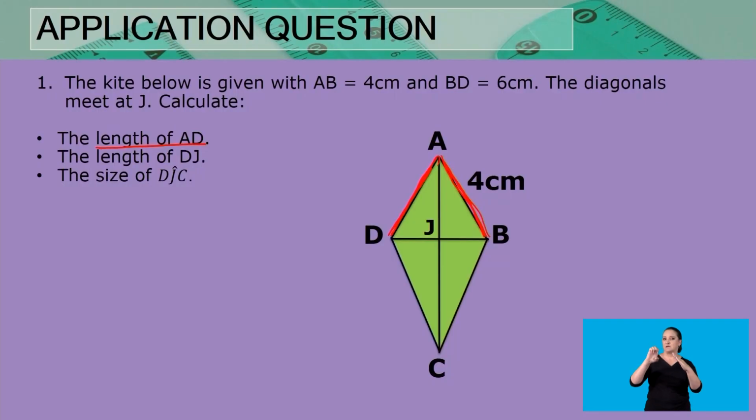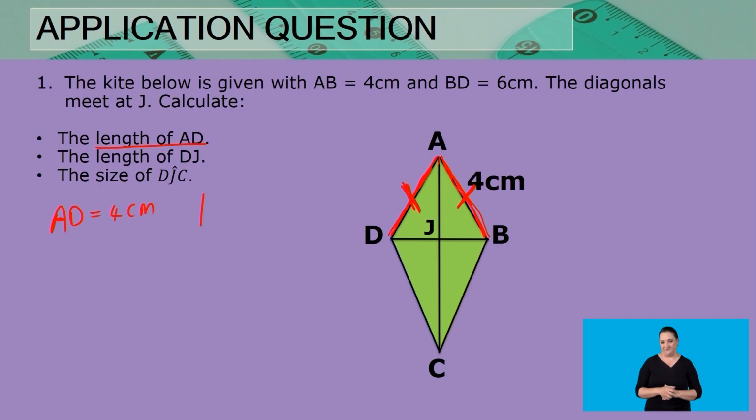And since in a kite we have two pairs of adjacent sides, AB is adjacent to AD, and that is the side that it is equal to. So AB is equals to AD, which means that AD is also equals to 4 centimeters.